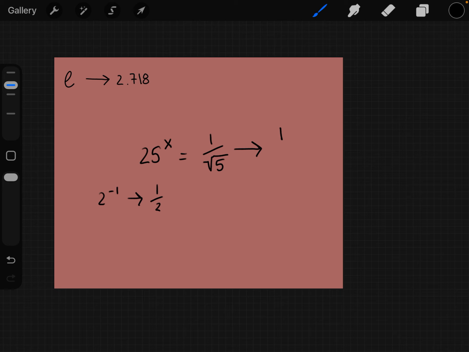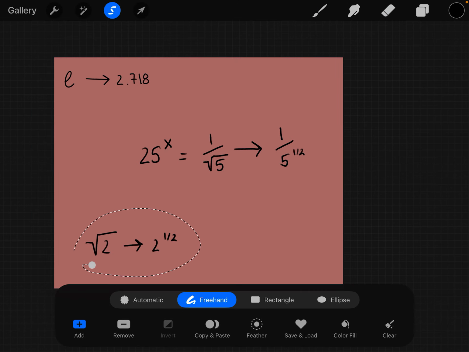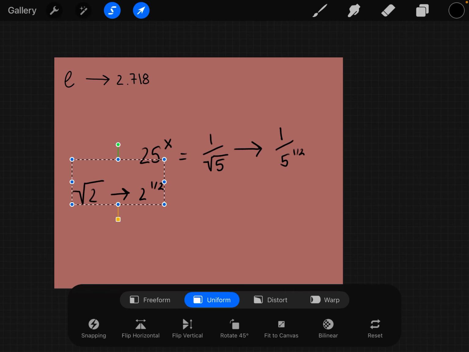So, we also know that anything in a square root can also be written as 1/2. So, yeah, that's what it is. Took me a second, my head is lagging.